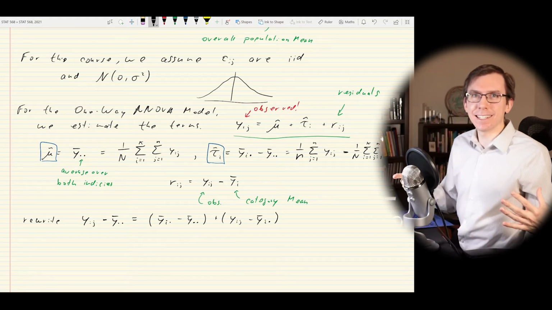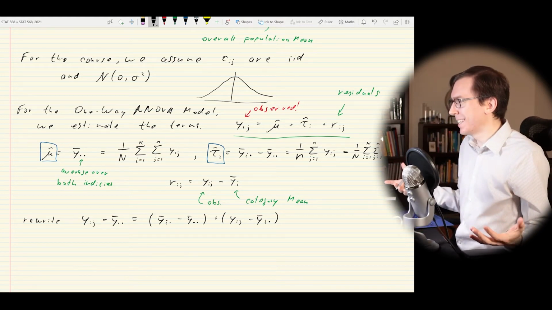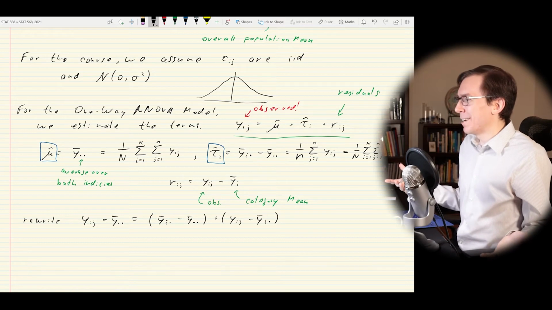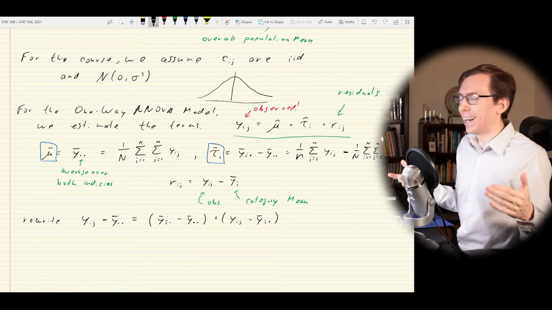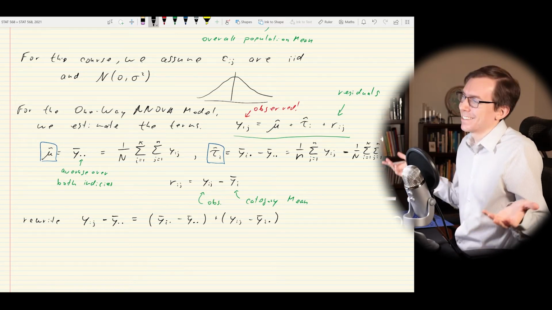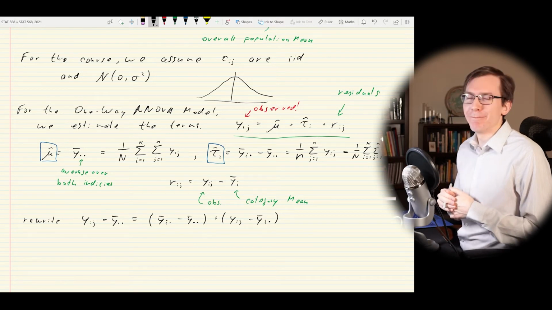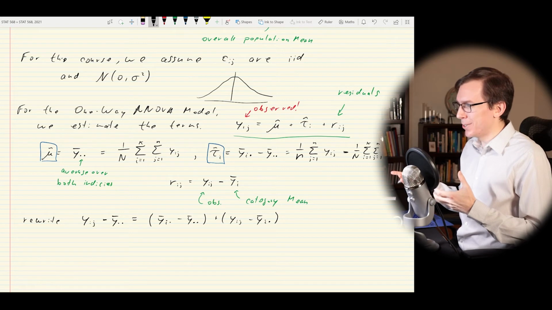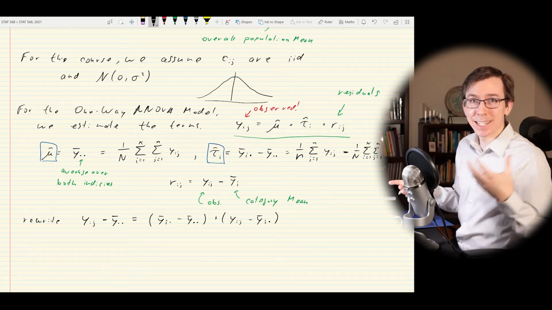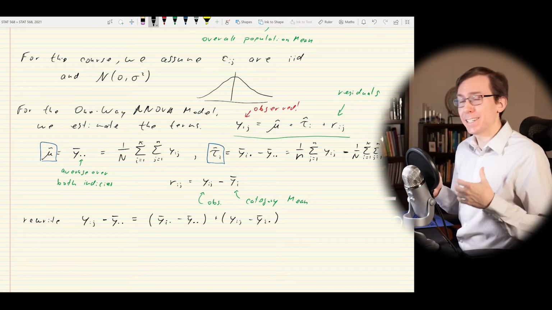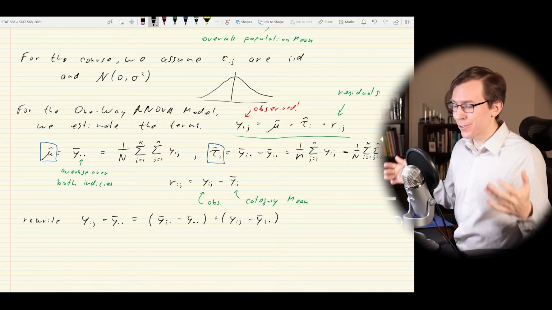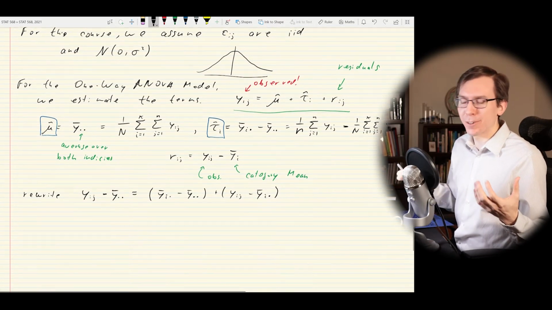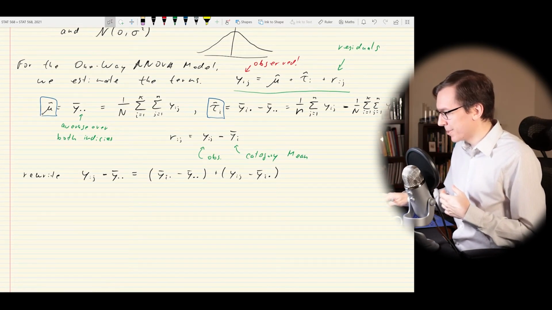Mathematically that's kind of a stupid looking equation because the y bar i dots just cancel out, and it's like, okay, well, who cares? The reason this is useful is that we're going to square it and sum it, and now we're going to get our sum of squares decomposition, which is really the main thing we're trying to do in this course.